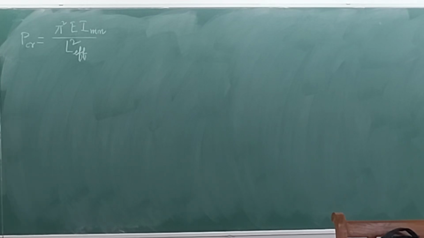So what do we need? Well, of course, it has to be the average stress. So we will divide this P critical by the area of the cross section. Very simple algebra.